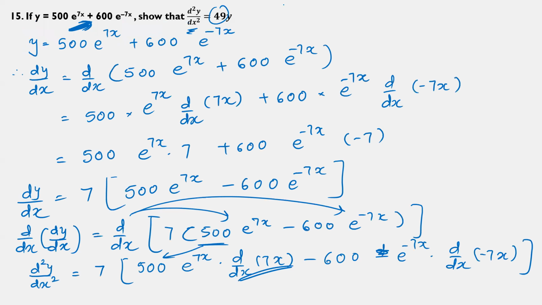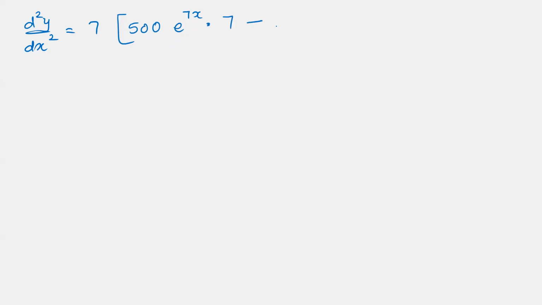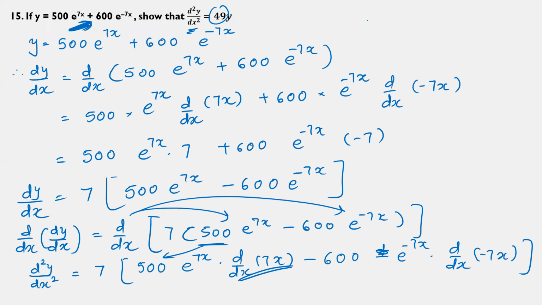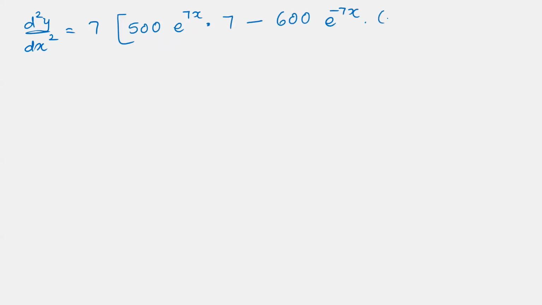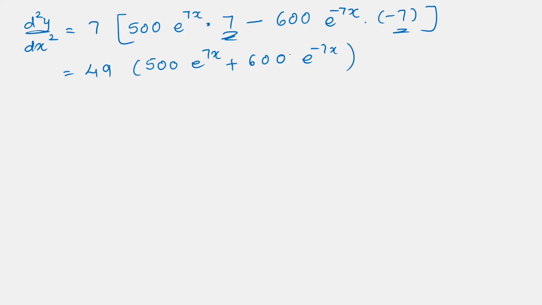Minus 600 e to the power minus 7x into the differentiation of minus 7x, which is minus 7. Again, I can see that 7 is common from both. If it comes out, it becomes 49. So 49 into (500 e to the power 7x minus minus, that is plus, 600 e to the power minus 7x). Now I can see that this bracket is nothing but y.